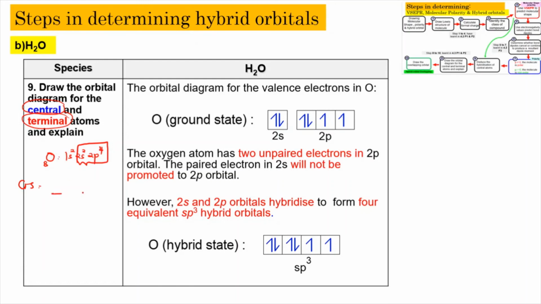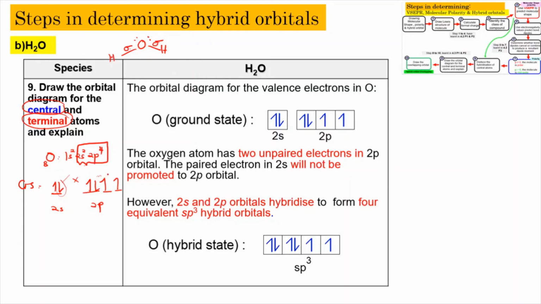And in the ground state, your orbital diagram has 2s and 2p: 2s2, and then 2p4, 1, 2, 3, and 4. For this reason, we don't have to promote one electron to the other side as before. Why? Because if you look at our Lewis structure, we're going to have 2 sigma bonds, 1 sigma bond and 1 sigma bond.